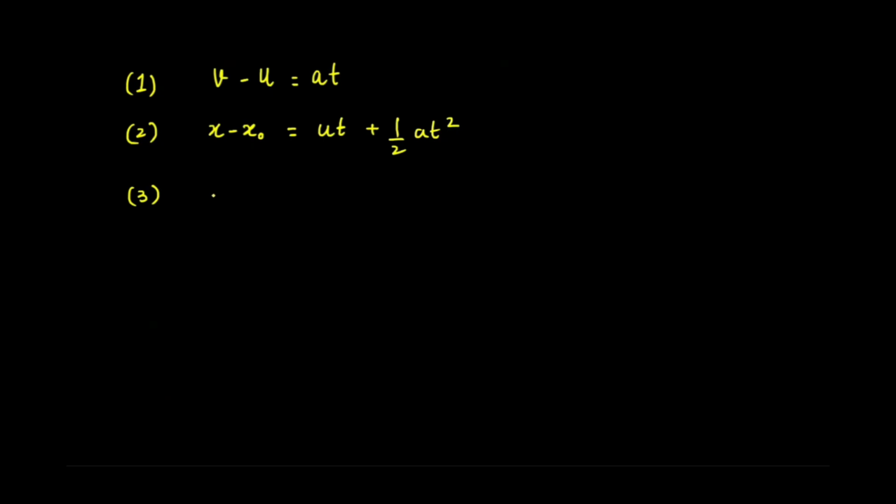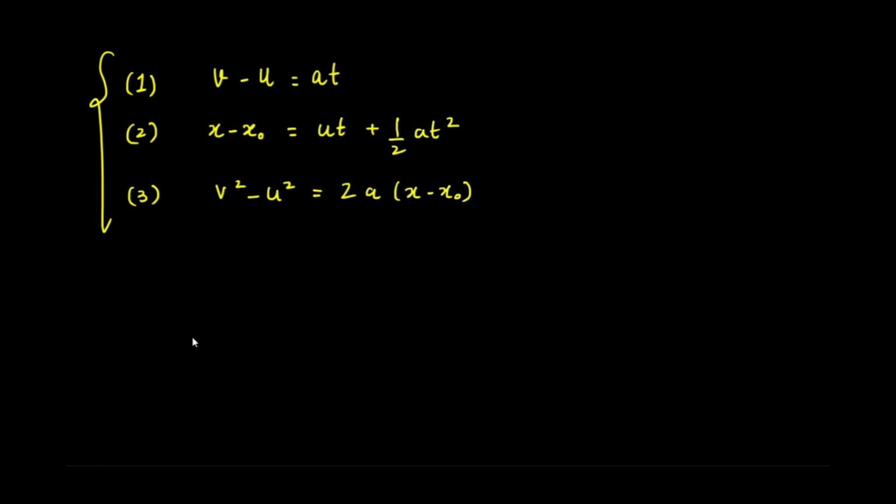Third, v square minus u square is equal to 2a multiplied by x minus x naught. So these are the three equations of motion which help us to relate the motion of any body traveling with whatever speed, assuming there are changes. So this is how we can relate them.